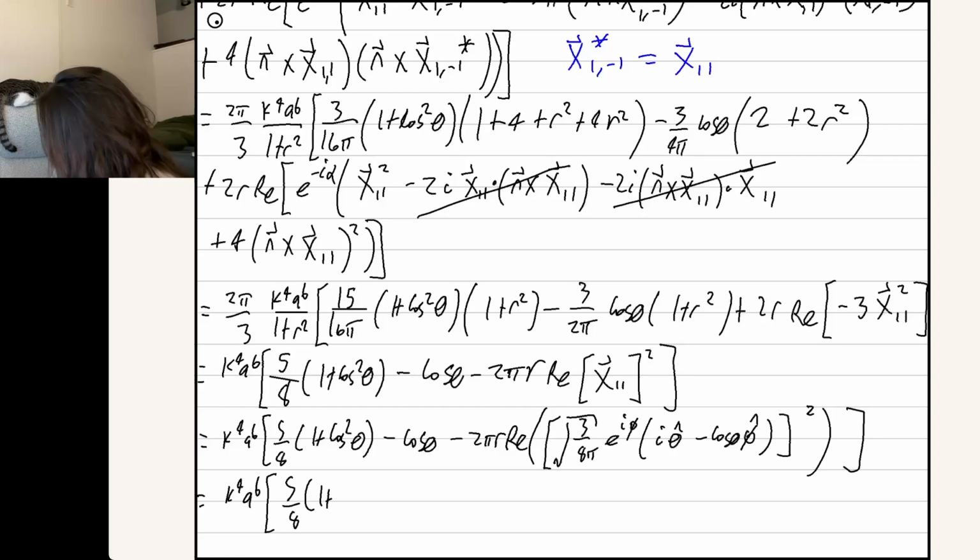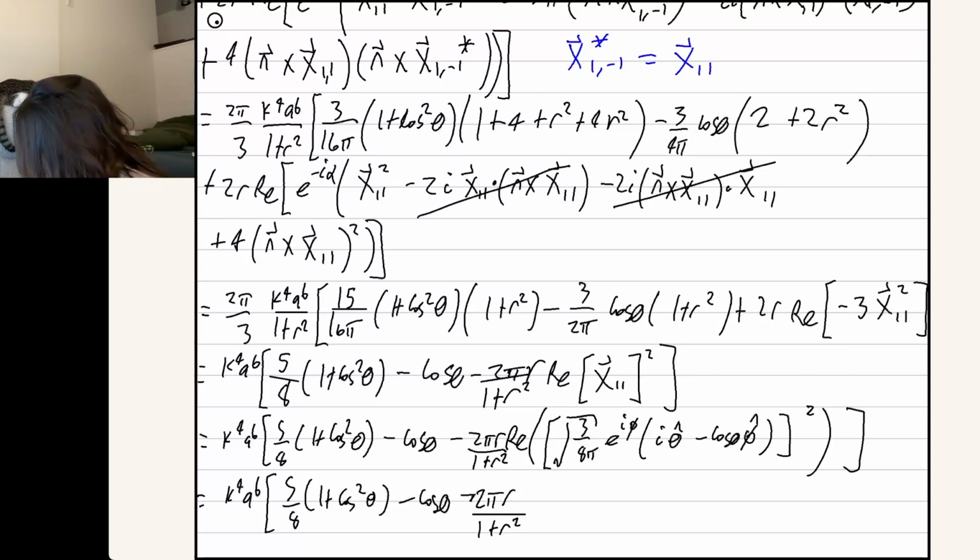5 over 8, 1 plus cosine squared theta minus cosine theta minus 2 pi r. And I have neglected the fact that this has a 1 over 1 plus r squared. It's an important note there. That's going to be 3 over 8 pi. And then there's still an e to the minus I alpha in here somewhere.